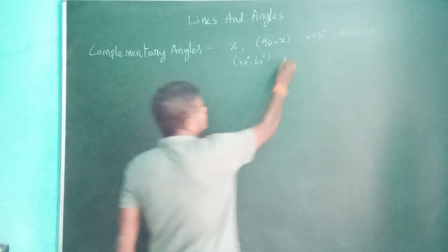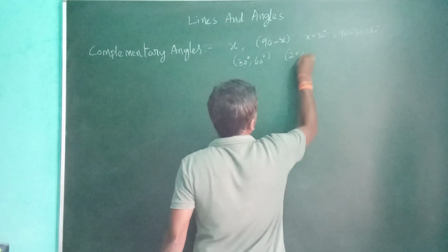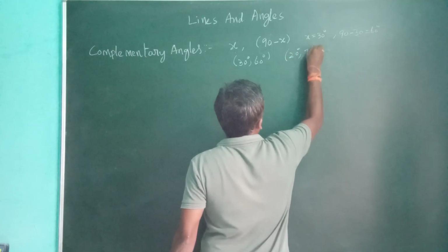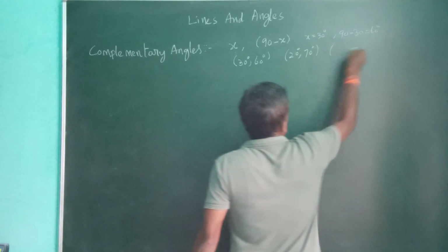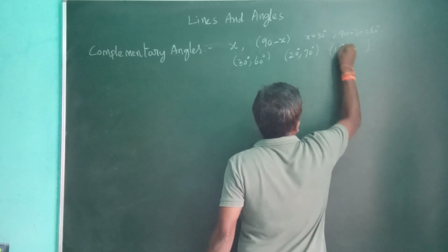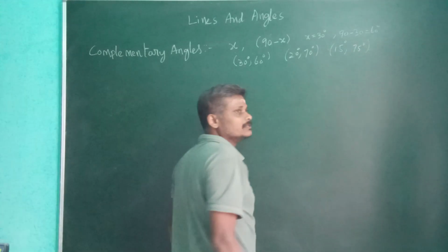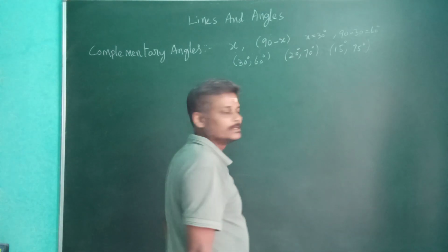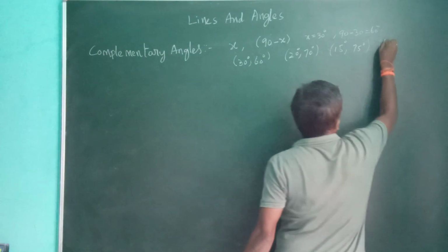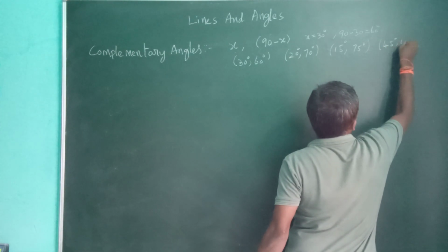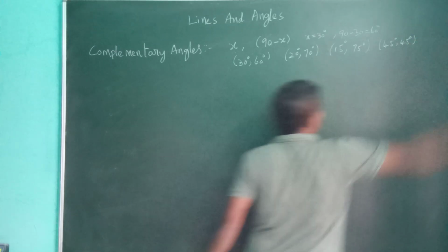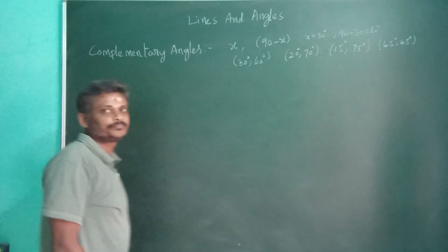Similarly, complementary angle of 20 degree is 70 degree. Another pair of complementary angles is 15 and 75. You can take any pair which forms 90 degree. 45 degree and 45 degree is another pair of complementary angles.